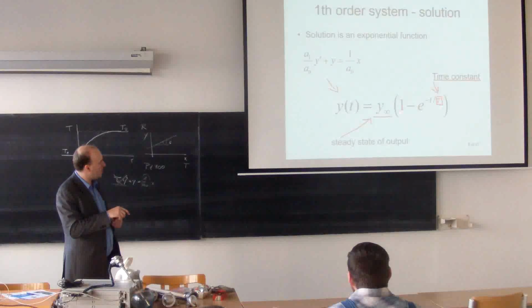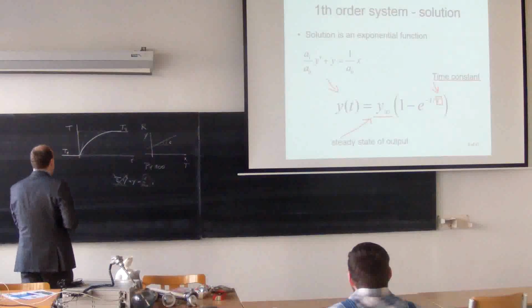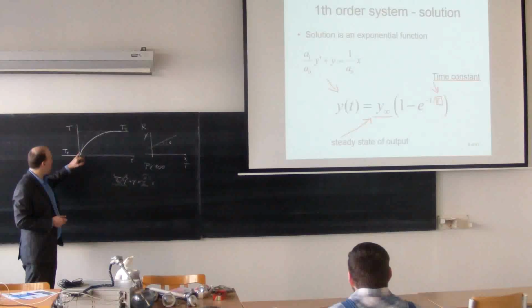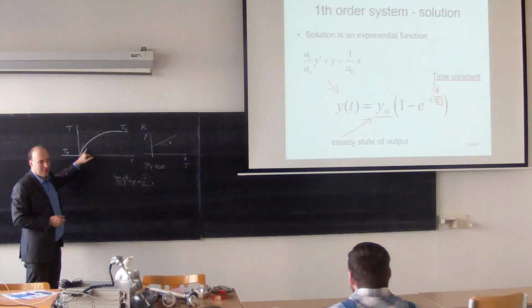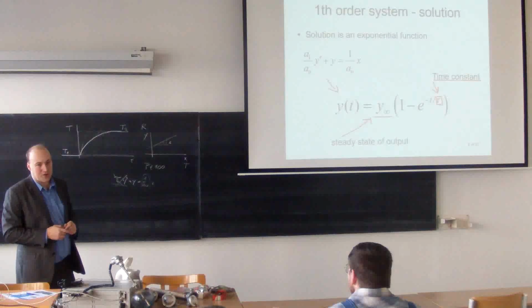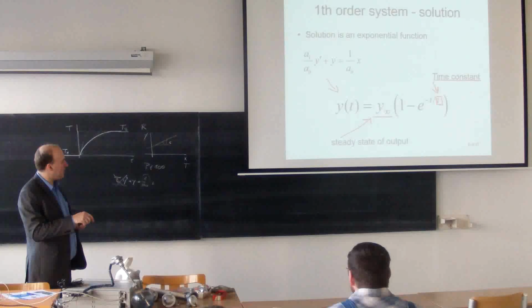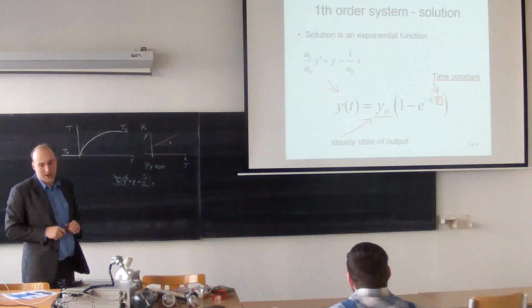And there is an exponential part, and here you have the time constant. So it means that there is a simple description of this curve, and it's valid for all systems that are described by the first order differential equation. So here in this description we have some steady state value of the output, and here we have some time constant.